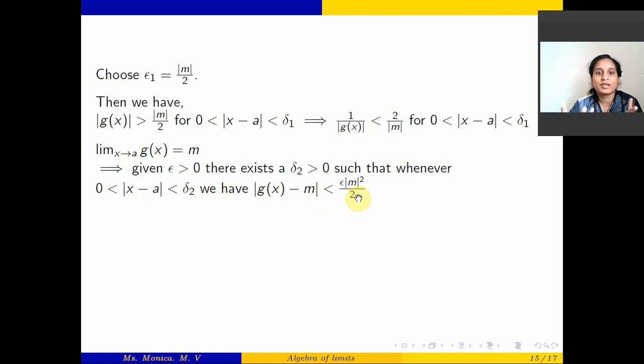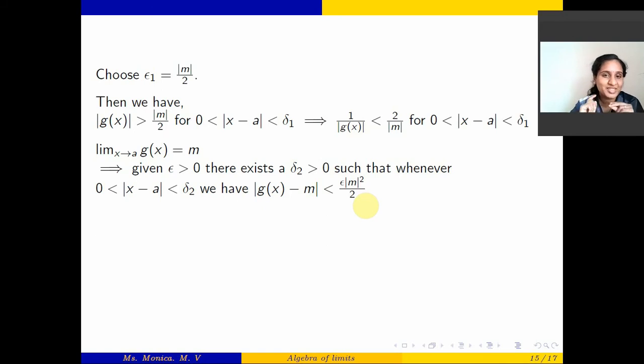Now what happened? I am not taking mod g of x minus m less than epsilon. Why is this bigger term taken? I want it at the end of the proof. That is the reason why I have taken less than not only epsilon, but epsilon into mod m square divided by 2. Can I write it as less than epsilon into any other term also? Yes, you can.